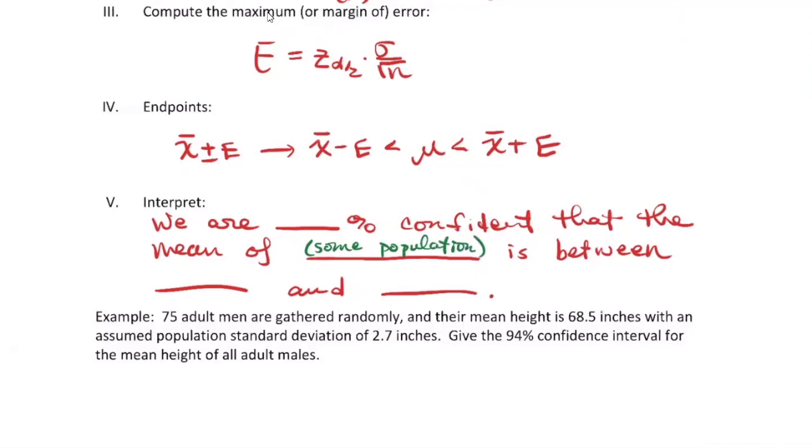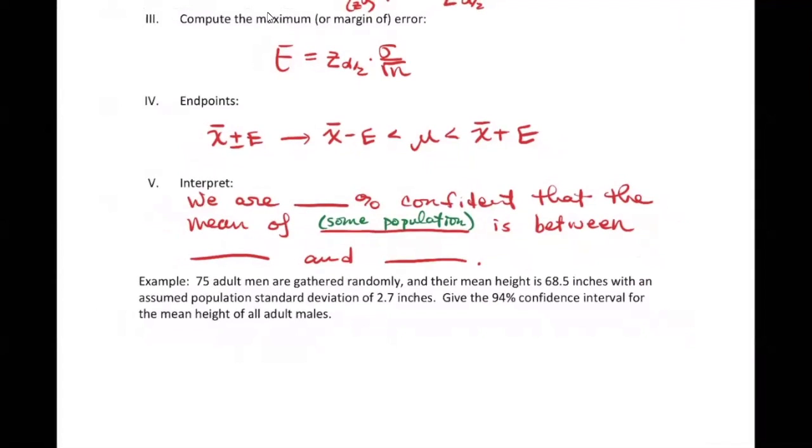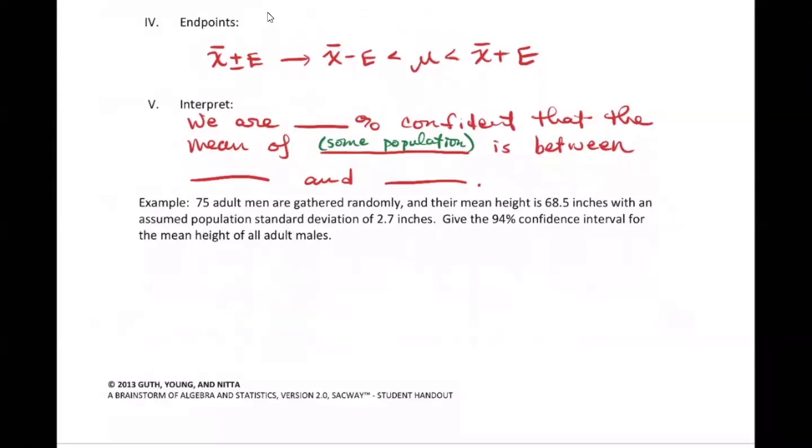And that's it, okay? So let's do a quick example here. You've got 75 adult men. Already I can say on my check, my n is 75, which is greater than 30, so I'm okay there. So n is 75. And their mean height is 68.5.